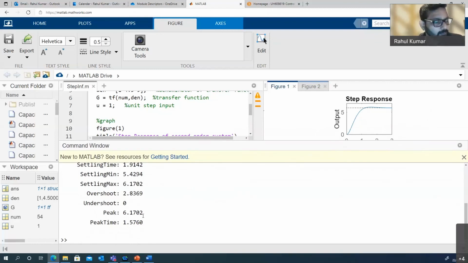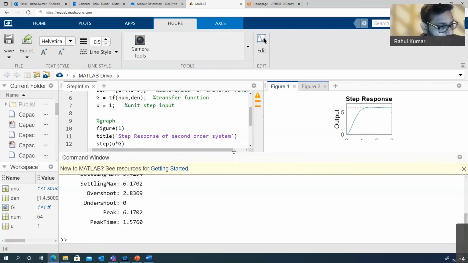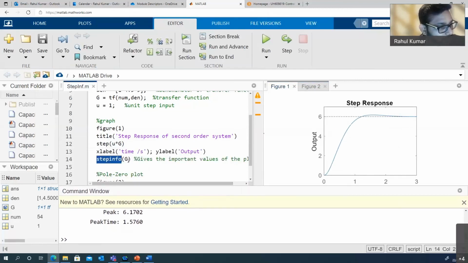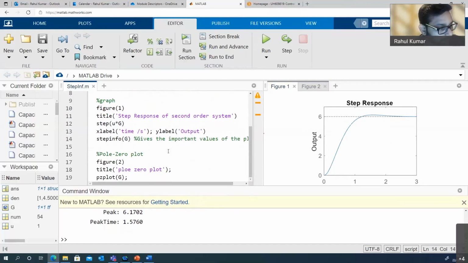So basically most of the values it gives us with stepinfo, and within small brackets, if you mention the transfer function g, then it will give you all the values.